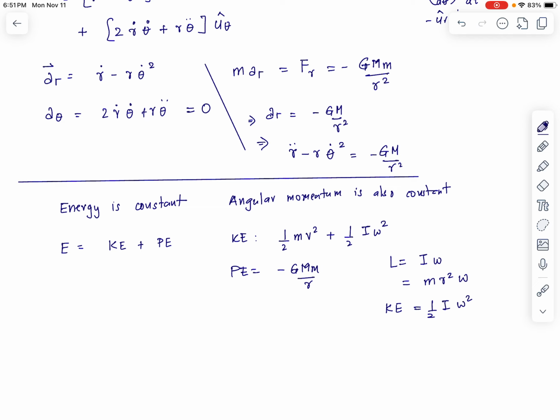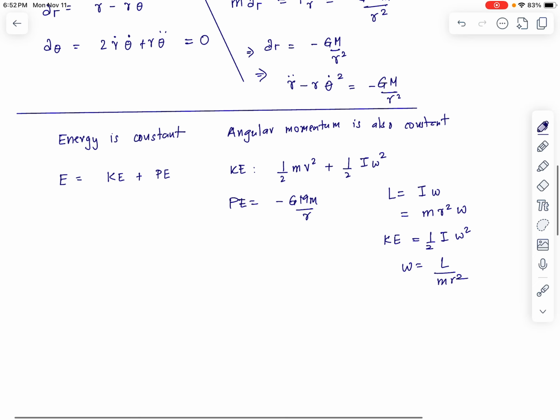So now what we can do is we can write omega as L divided by m r square, right? So essentially we have omega equals L divided by m r square. Okay, and that is nothing but theta dot, right?